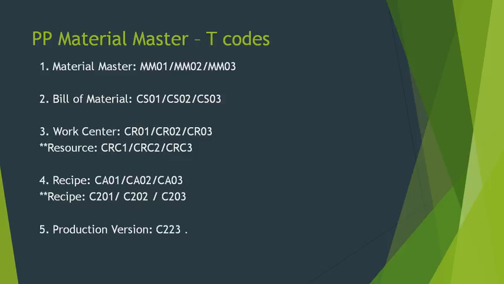We also term the work center as a resource in the process industry, which is created with the CRC1 transaction code. Recipe and routing, I have written something wrong here. Here it should be routing, which we create via CA01, and recipe, which is used in the process industry, is created via CT01, C201. And the last data, production version, C223.